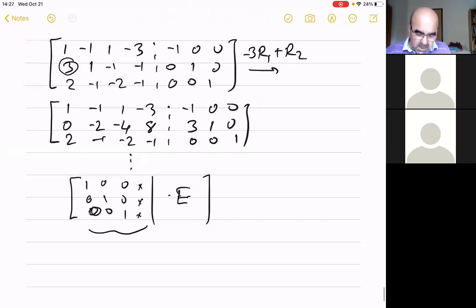When you write this way, then E times A will be the row reduced matrix, the matrix equivalent to A, namely row equivalent. So when you multiply A by elementary matrices, E is a product of elementary matrices, and the result is the row reduced echelon matrix.